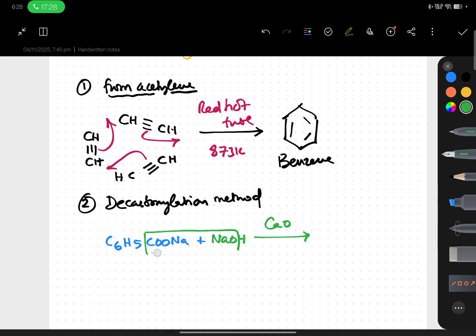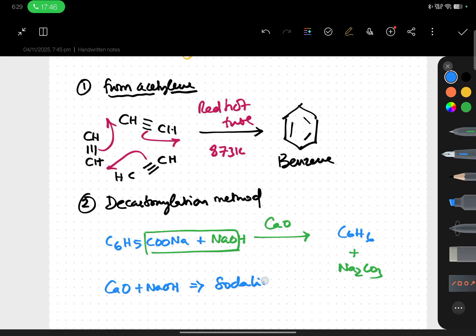So you just remove this. You will get Na2CO3, and what is left over? C6H6, benzene.